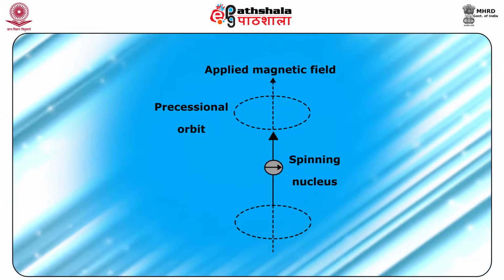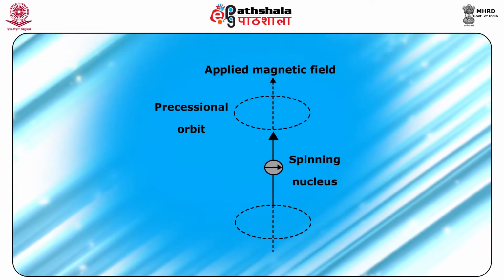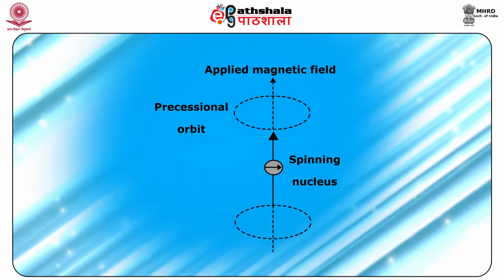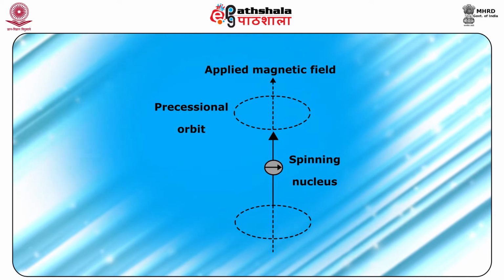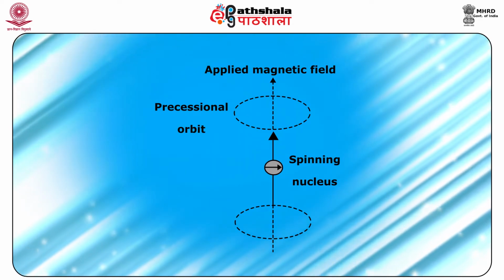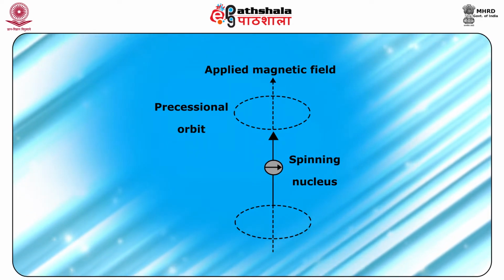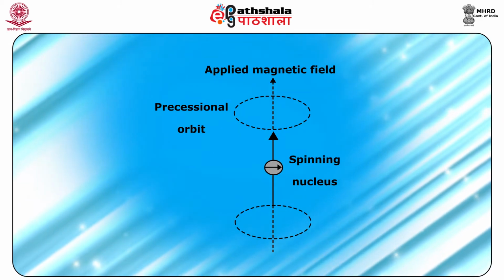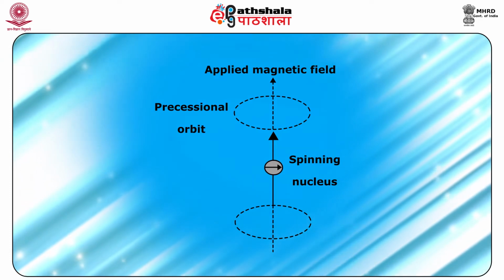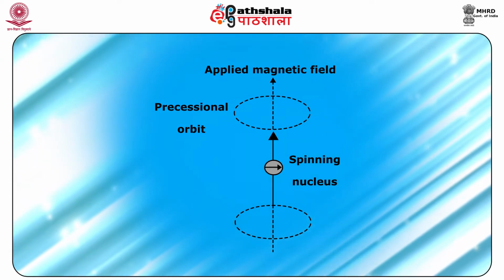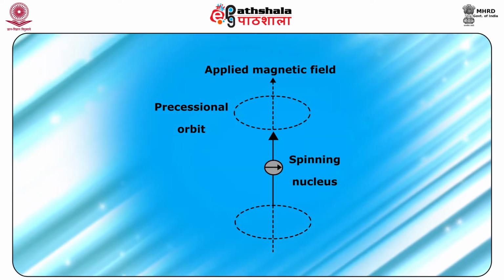Now, in the presence of an external magnetic field, the nucleus besides its spin motion also precesses around its own axis of rotation in a similar manner as a spinning top. As you might have visualized a spinning top in your childhood, to understand the precession motion, let us consider the behavior of a spinning top.